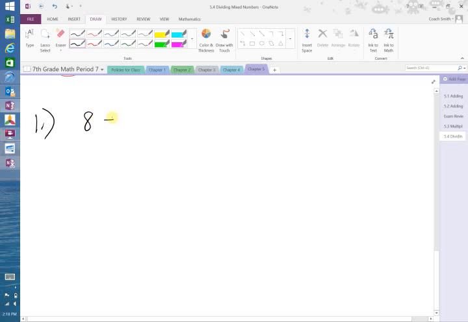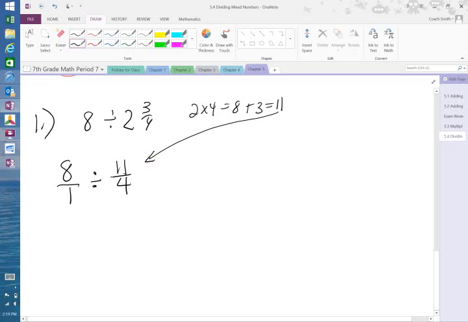Step 1, 8 divided by 2 and 3/4 gives me 8 over 1 divided by 11 over 4. Okay, how we got 11 over 4? We took 2 times 4, which is equal to 8, plus 3, which is equal to 11. And then we take the 11. That's how we got that 11 right there. So that's step 1.